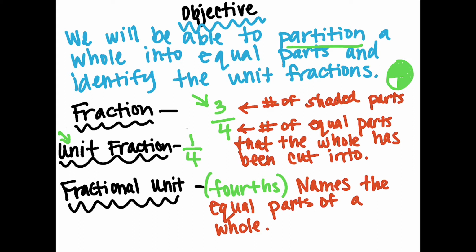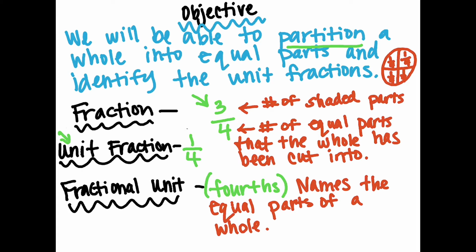So if I go back to my pizza, let me erase it real quick. If I go back to my pizza and I draw that pizza, okay, and I put it into fourths. Each piece is 1/4. That's one piece of the fourth of the pizza. That's 1/4, that's 1/4, and that's 1/4. So those are called unit fractions.